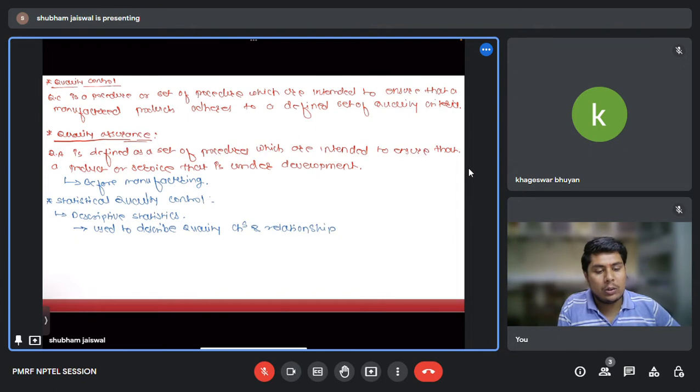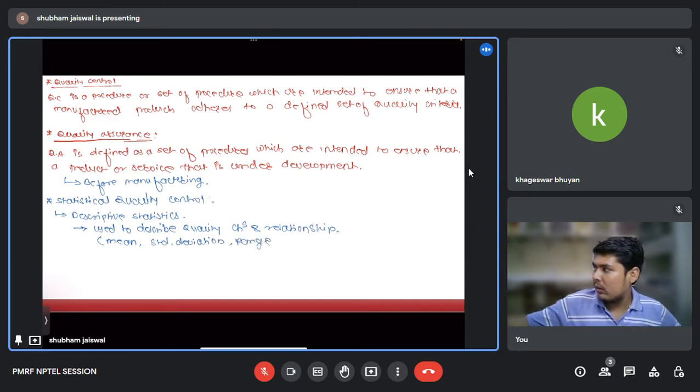Generally we use terms like mean, standard deviation, range, etc.